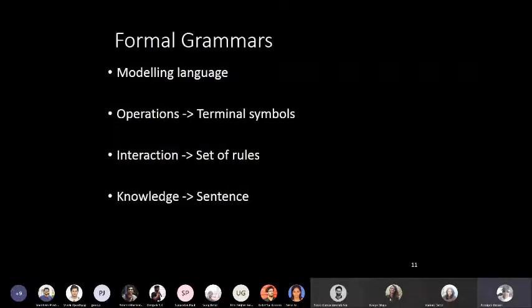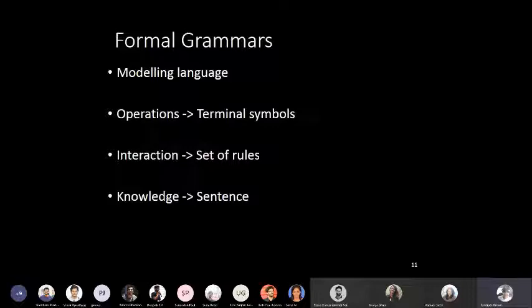So later on, another type of models came up, which are known as formal grammars. Formal grammars used help from language models, and originate from automata theory.